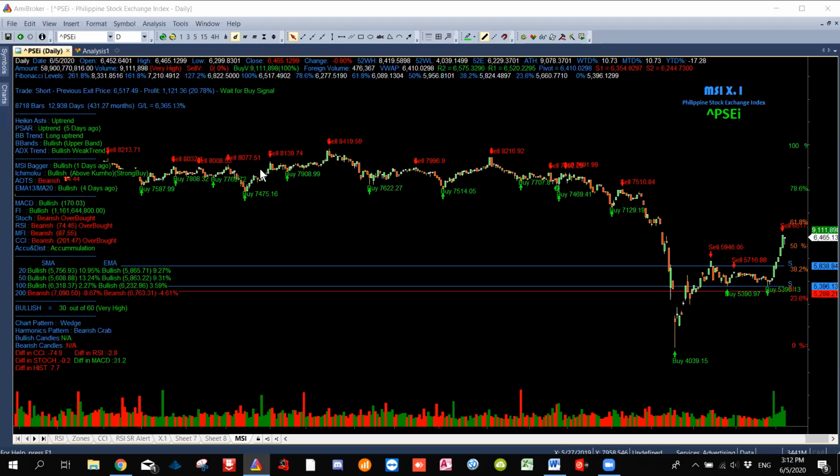Yung mid-range trader would buy it in the equilibrium, and the high risk trader would buy it only pagka na-breach yung 52 weeks high. Kasi sabi nga nila, the bigger the risk, the bigger the reward. But we always have to study our charts and the price action and do also financial checking ng company para hindi tayo maiwan sa ere.